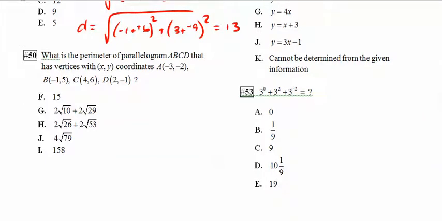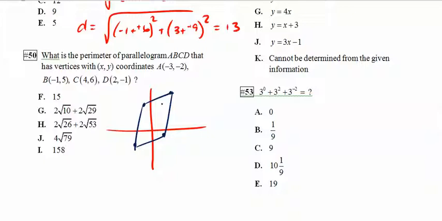What is the perimeter of parallelogram ABCD that has vertices, yada, yada, yada? So, -3, -2, -1, 5, 4, 6, and 2, -1. All I really need to do is figure out 2 of these sides. So I just did this.